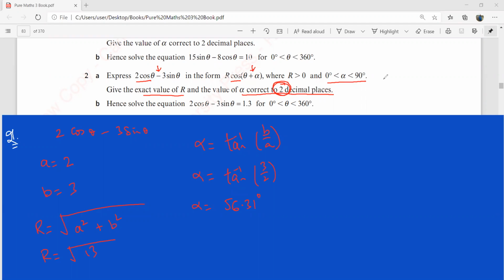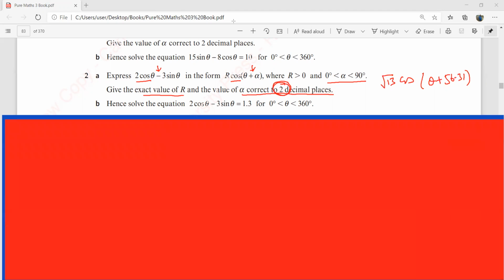The answer to the first part is root 13 cos theta plus 56.31 degrees. That is it. You have got it. And then it says, hence solve the equation, and so on. So now we'll be solving this equation here.